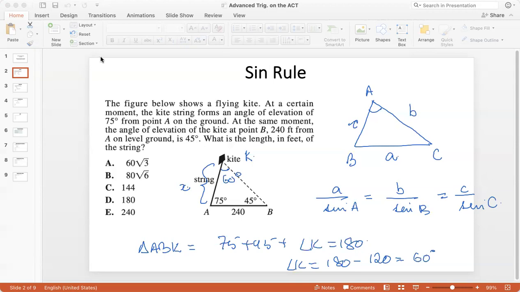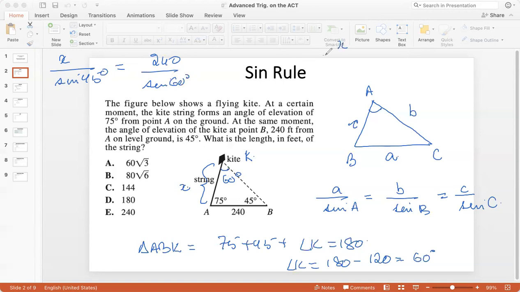Let me write here. So we have x divided by sine 45, because the angle opposite the side is 45, is 240 divided by sine 60, because the angle opposite 240 is 60.